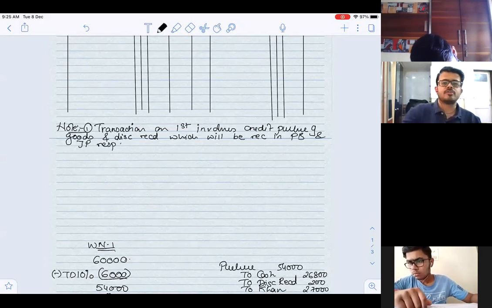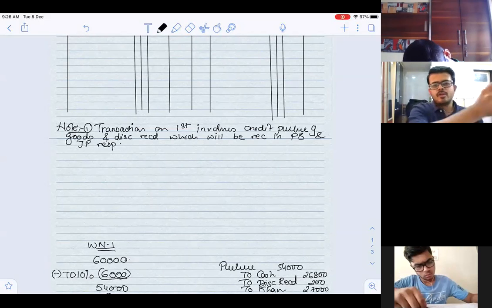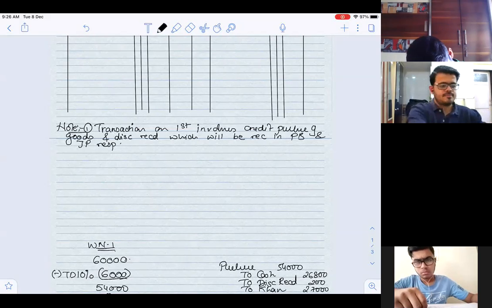Credit purchase of goods will go in purchase book and discount received will go in journal proper. Is that clear?